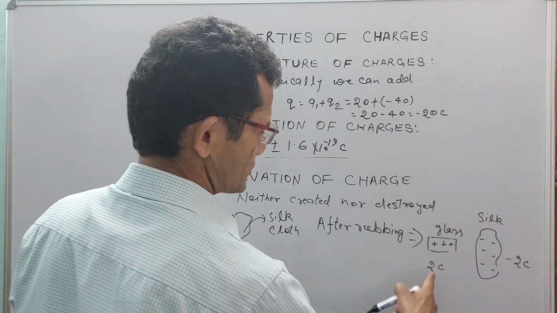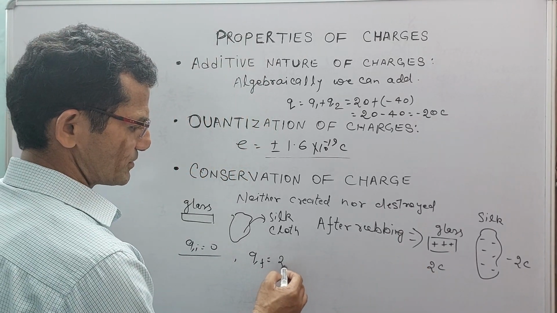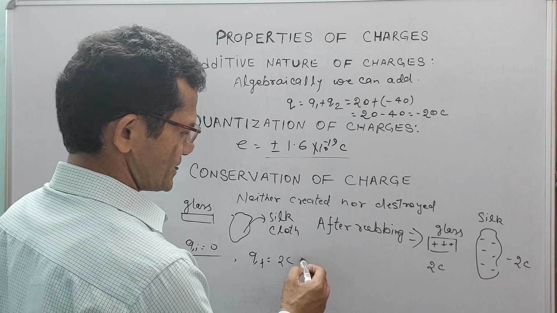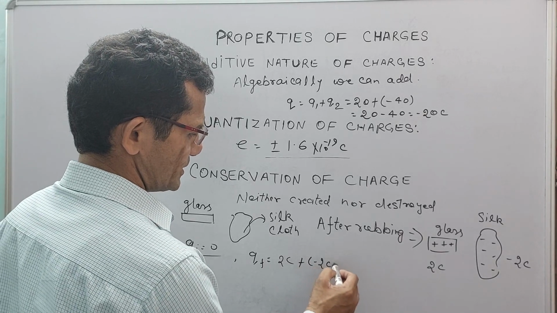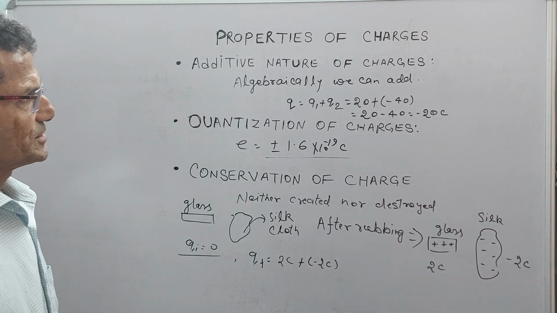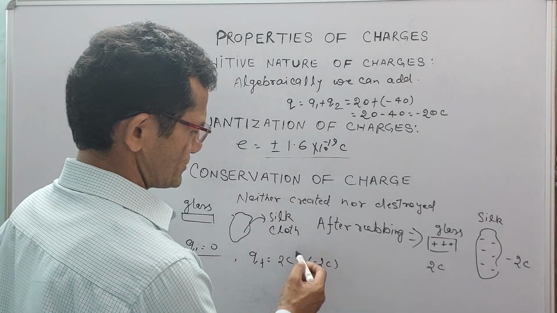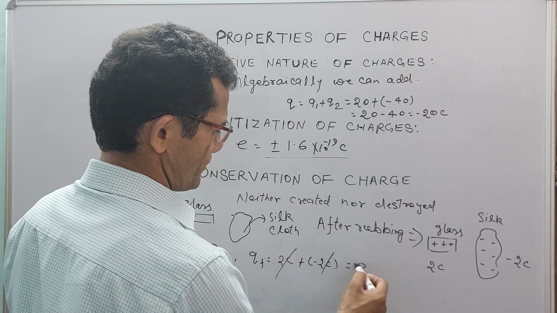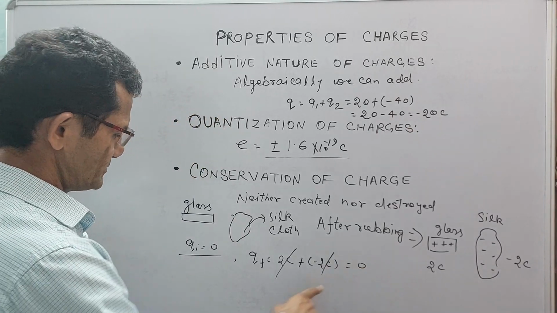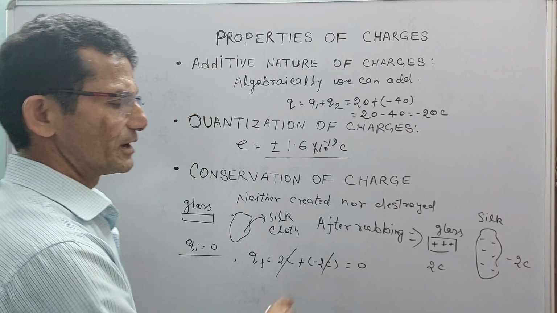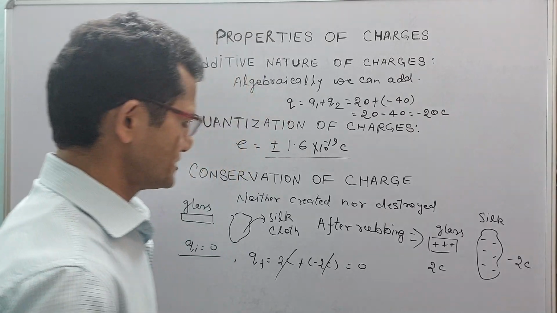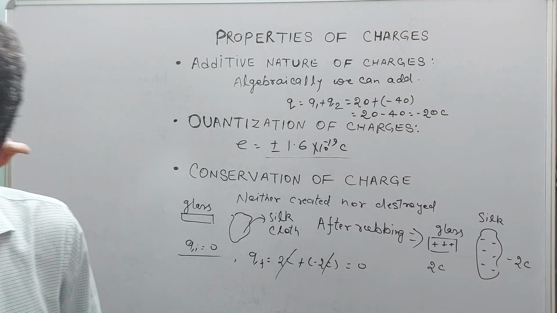The final Q is 2 coulomb on the glass and the negative charge minus 2C. By the additive nature of charges, we can add these algebraically, 2C and minus 2C cancel out to 0. So the final charge is also 0, initial 0, final 0. So we can say that charge is conserved in this example. Now take another example.